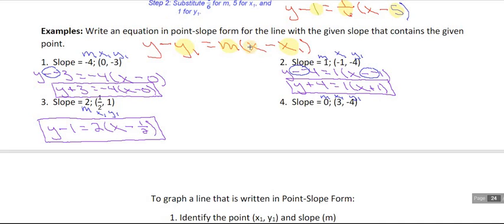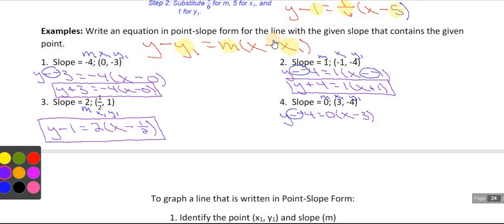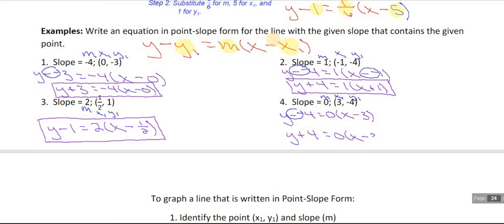Plugging into our formula, y minus y sub 1, so y minus -4 equals m, which is 0, times x minus x sub 1, which is 3. One thing definitely has to happen here. 2 negatives need to come together to give us a positive. So we have y plus 4 equals 0 times x minus 3.